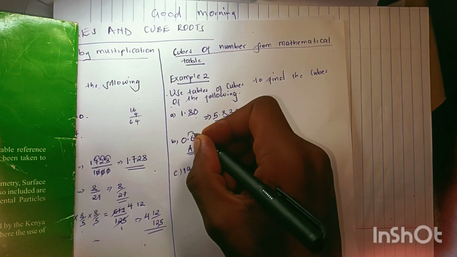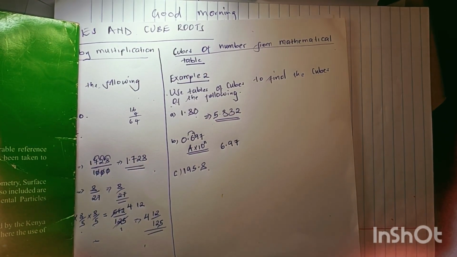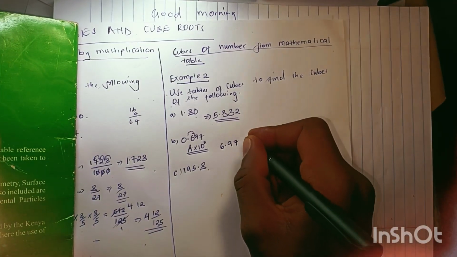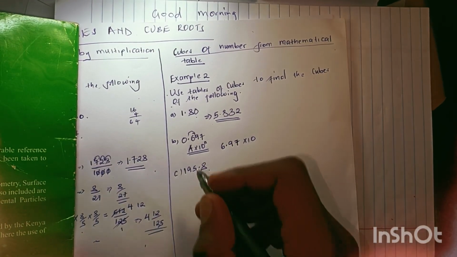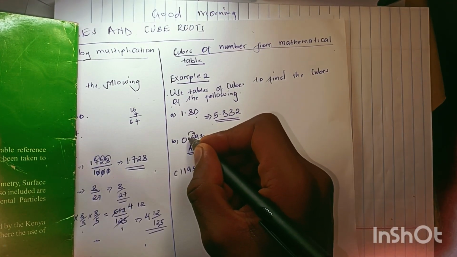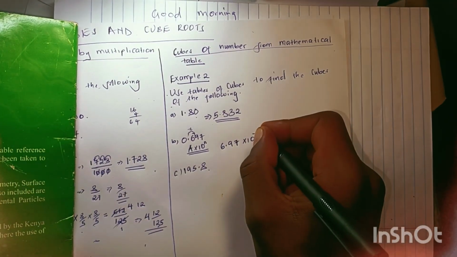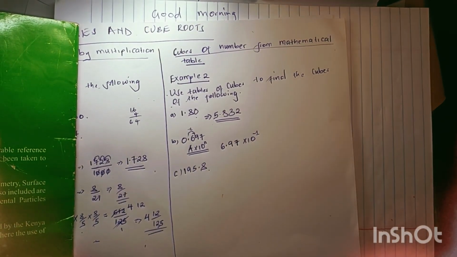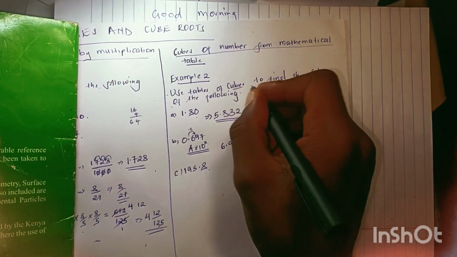And I told you that when the decimal is moving to the right, then the power should be negative. So I'll write 10 raised to the number of steps the decimal moved. The decimal has moved only one negative step, so I'll just write -1.